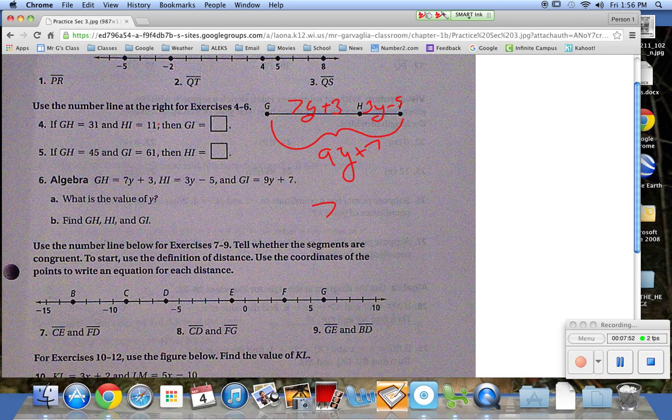We'd go 7y plus 3 plus 3y minus 5 equals 9y plus 7, right? So let's take a look. What do we do here? Combine like values, right? We can combine our y's. Can this y and this y combine? What do they come up with, Tristan? 10y.